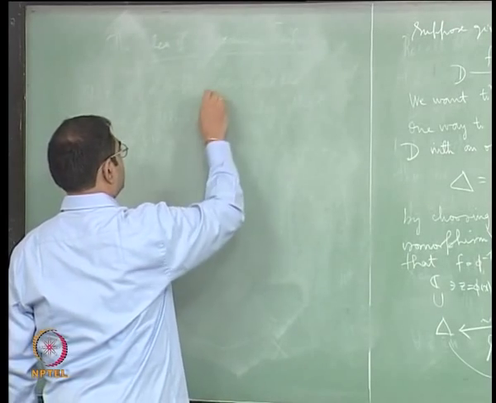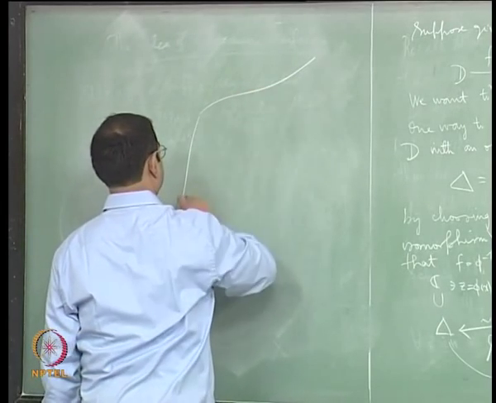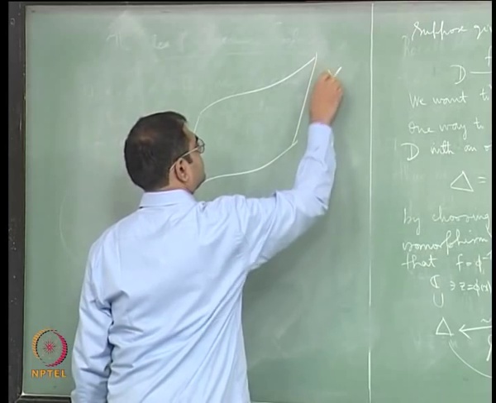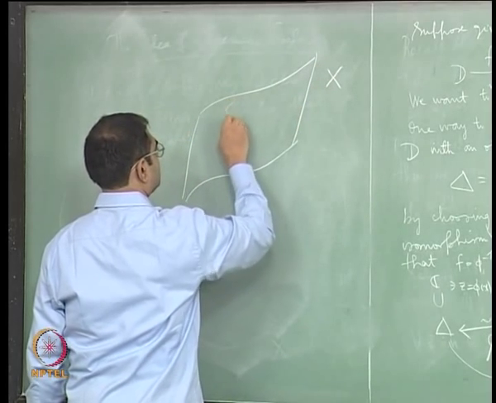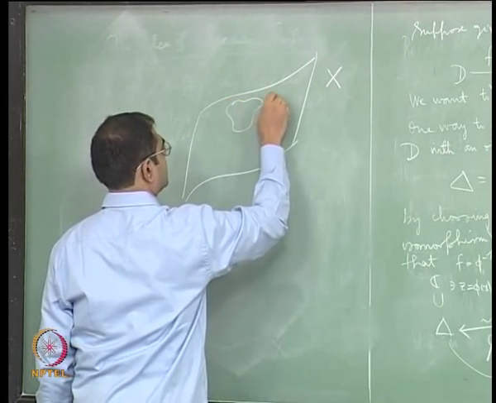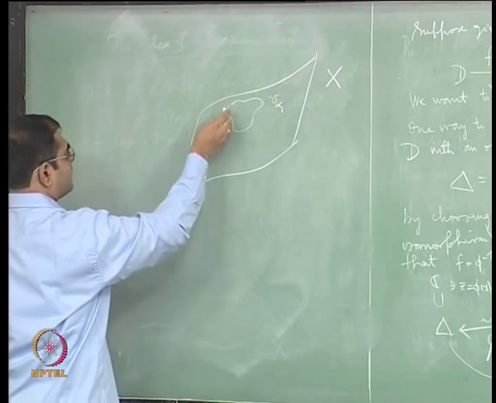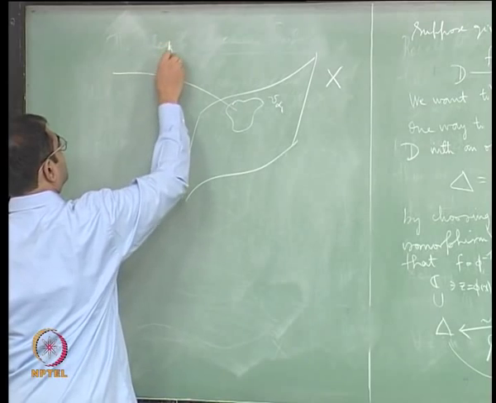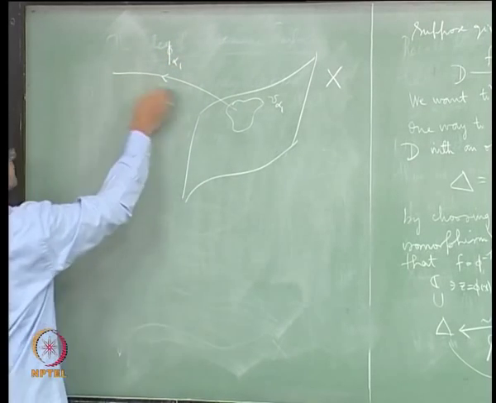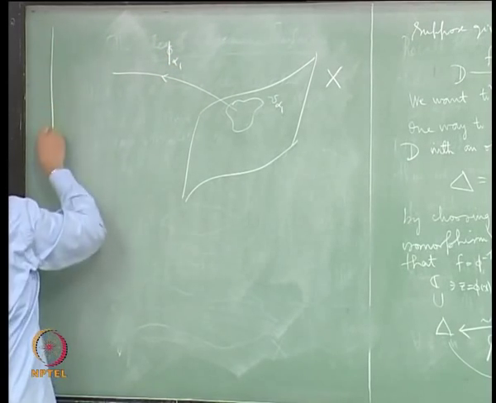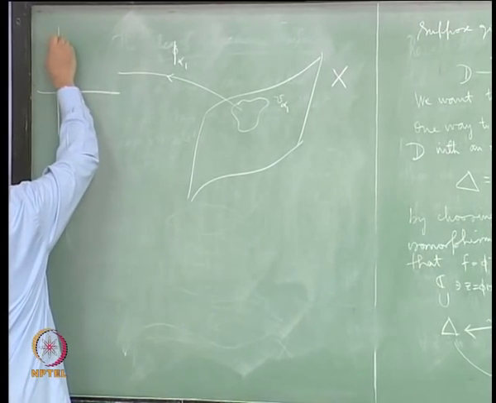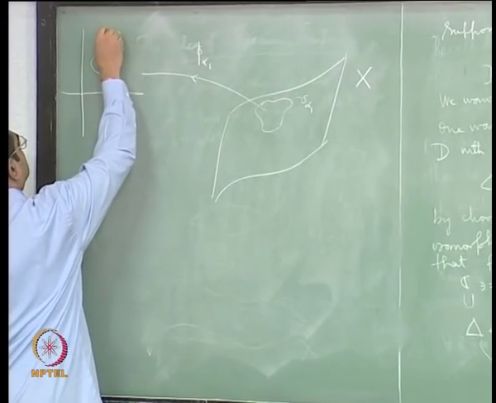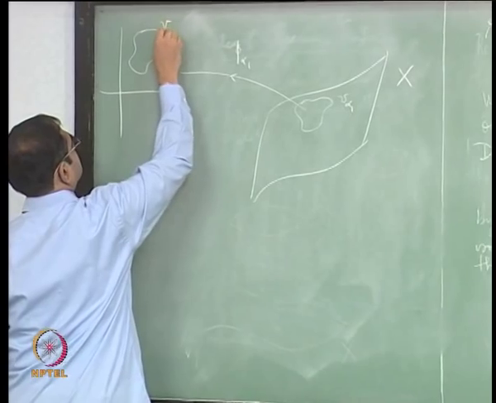So here is my surface, and I have one open set u alpha 1, and it is equipped with a chart, namely I have a phi alpha 1, which is a homeomorphism of u alpha 1 with some subset of the complex plane, which I will call v alpha 1.